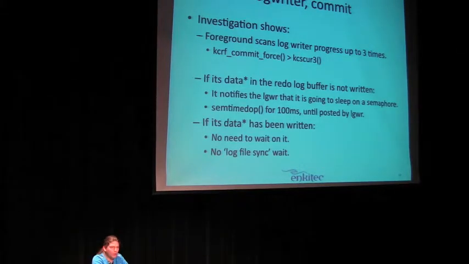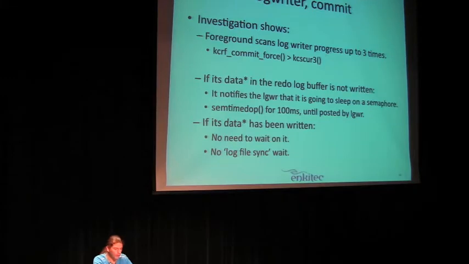What I saw is my foreground process comes into a C function which is called kcrf, probably kernel control redo file, commit force, and inside this function it calls a function called kcscur3, and it will issue it 3 times.